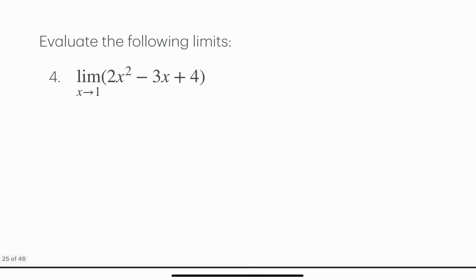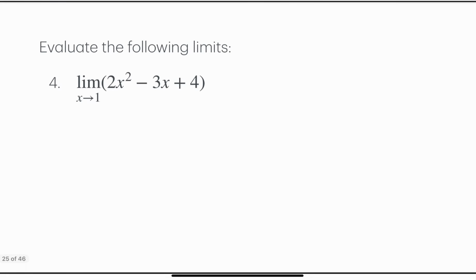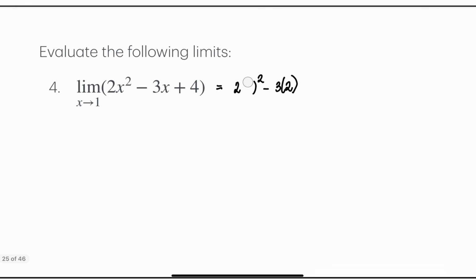Another example, we are to evaluate the limit of 2x squared minus 3x plus 4 as x approaches 1. This time let us just use the shortcut. So we're going to simply substitute, or rather, this is approaching 1, so that should be 1 squared.